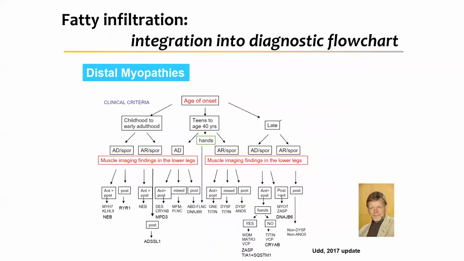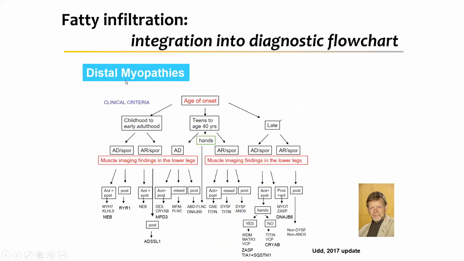Distal myopathies are very, very complex pathologies, and we have here a very useful diagnostic algorithm that was initially proposed by Björn Udd. The first one was about 10 years ago, and it is being improved, complexified almost every year.